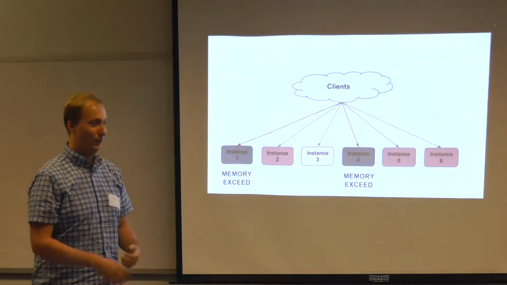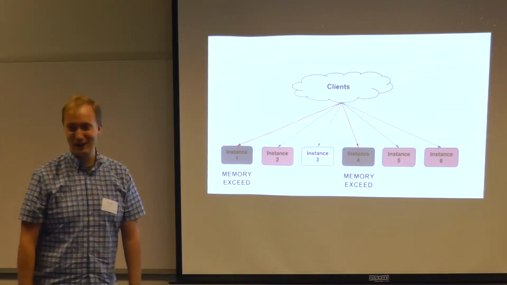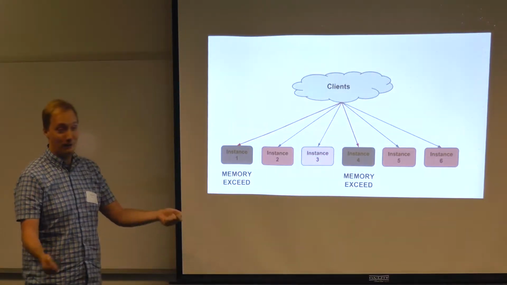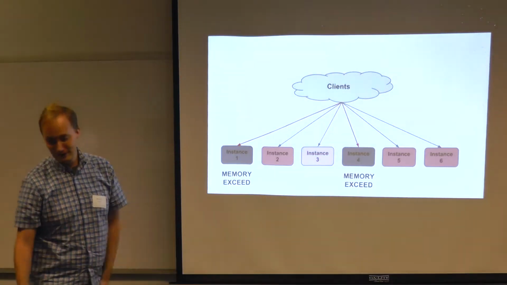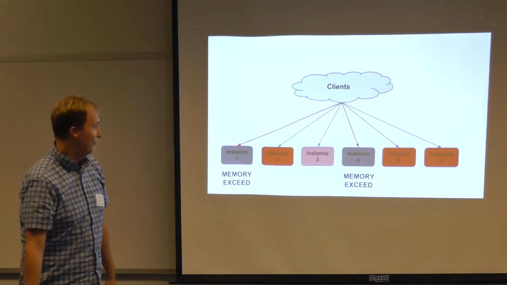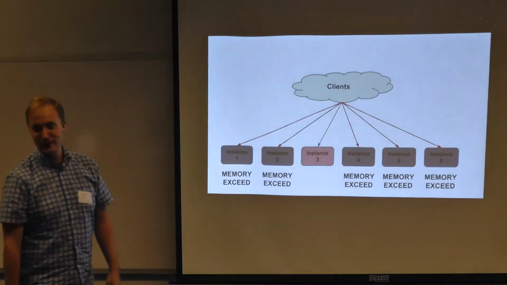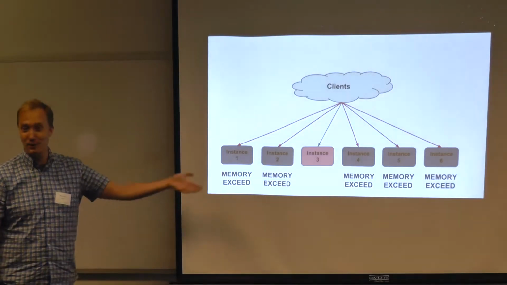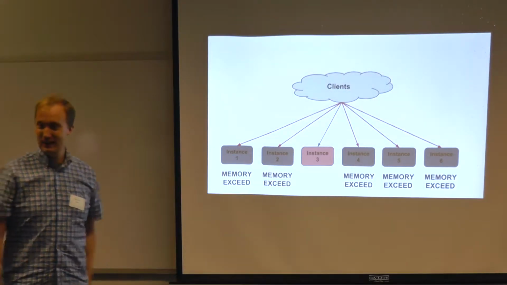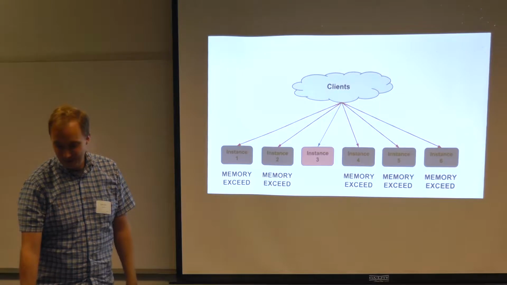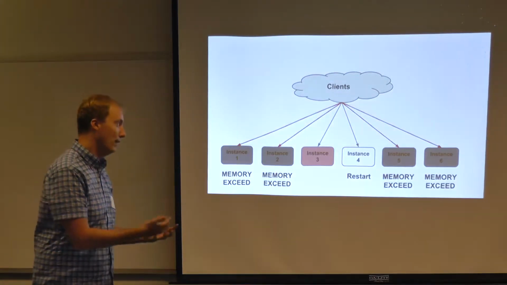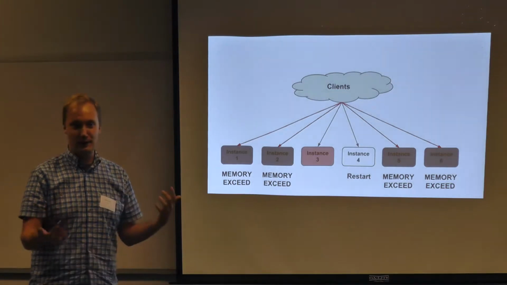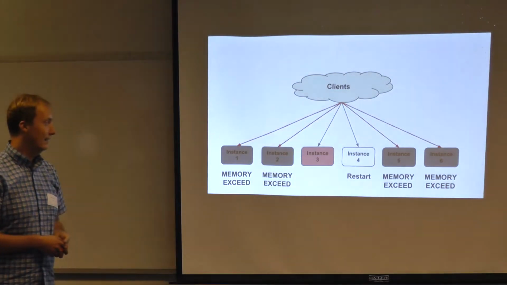Okay. So we're going to apply our algorithm again. We're going to say, let's take the load that went to instances 1 and 4 and spread it among all the other ones. Whoops. Right? We kind of broke the system. Because we were trying to make the system more reliable, we actually made it less reliable. Maybe at some point instance 4 comes back, it restarts, it schedules on a different machine or something like that.